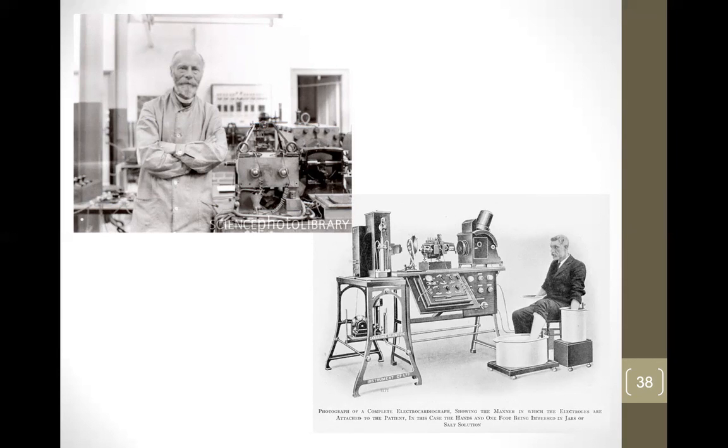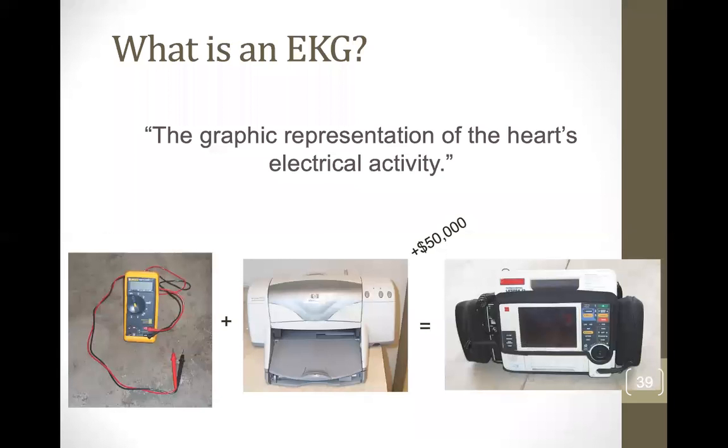So it's just kind of interesting to see where technology has come and to realize that this is fairly new technology in the world, given that it was only between 1901 and 1924 that this was really developed. So, what exactly is an EKG machine? Well, essentially, it's just giving us this graphical representation of what the electrical activity is within the heart.